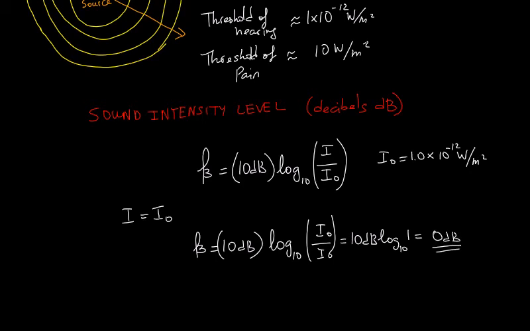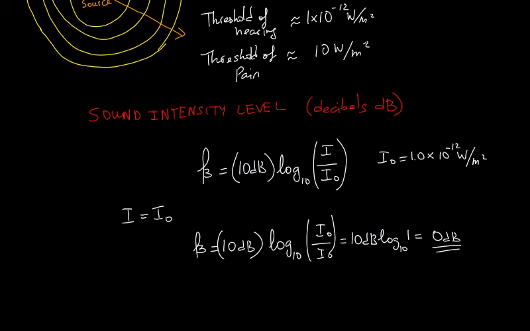Therefore, we hear nothing. So 0 decibels doesn't mean no sound. It means that for most people, no sound is heard. For example, dogs have more sensitive hearing than humans, and most dogs can easily perceive a 0 decibel sound.